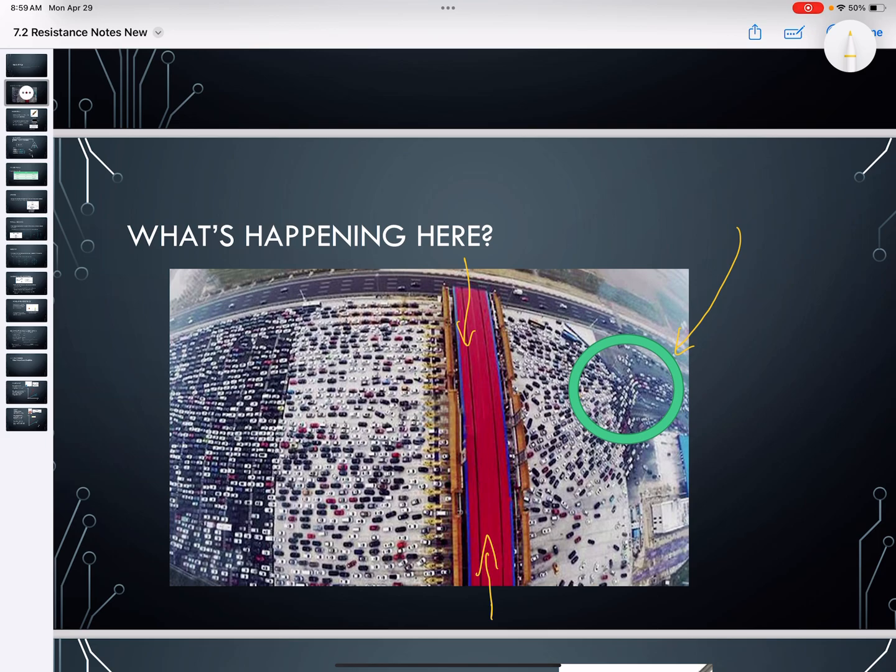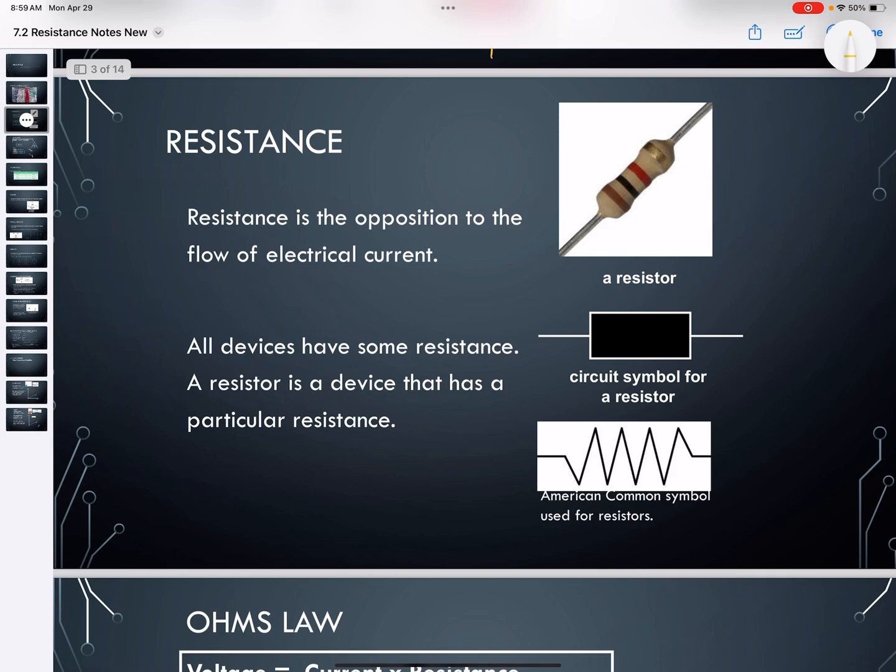And as they approach this point, which I've got circled in green, where the entire thing narrows down, the speed at which those charges are moving slows down significantly. And that's the role of electrical resistance. So resistance, or electrical resistance, is the opposition to the flow of electrical current. So it's anything that is going to resist those charges moving from one place to another, so it's going to slow down this electrical current.